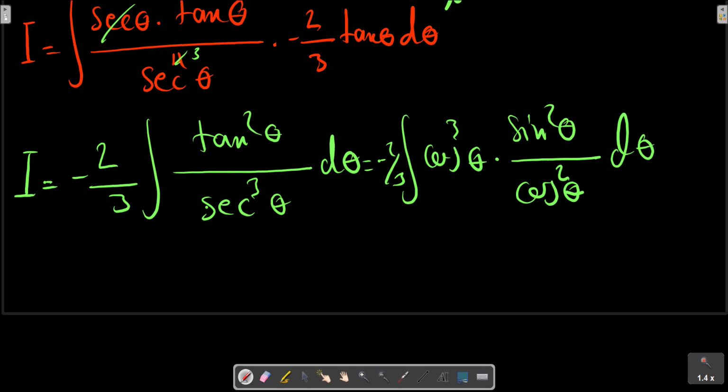So we can obtain a simplified integration.